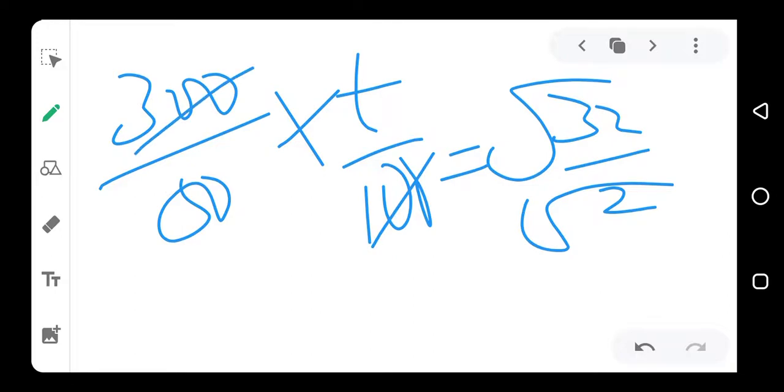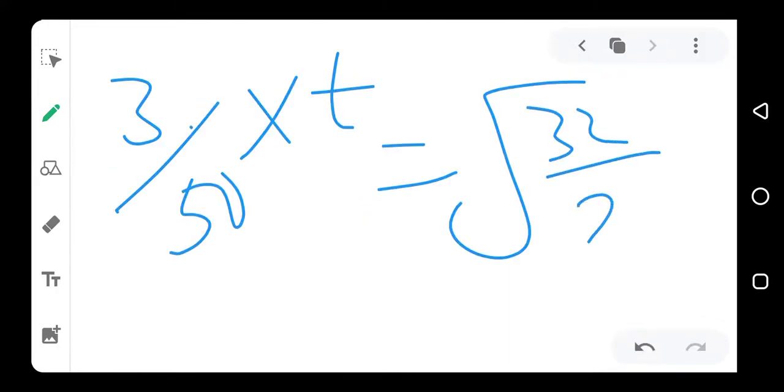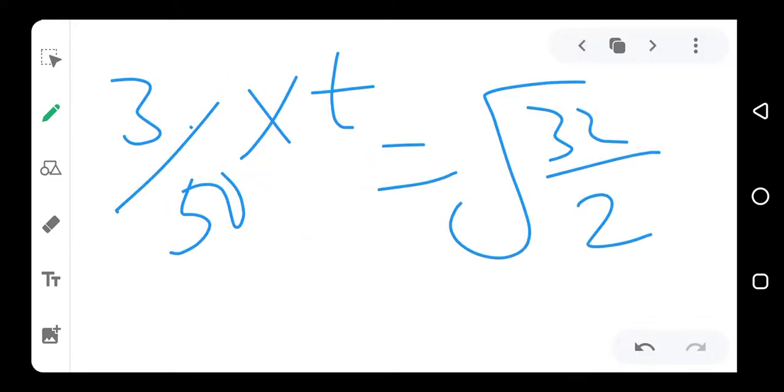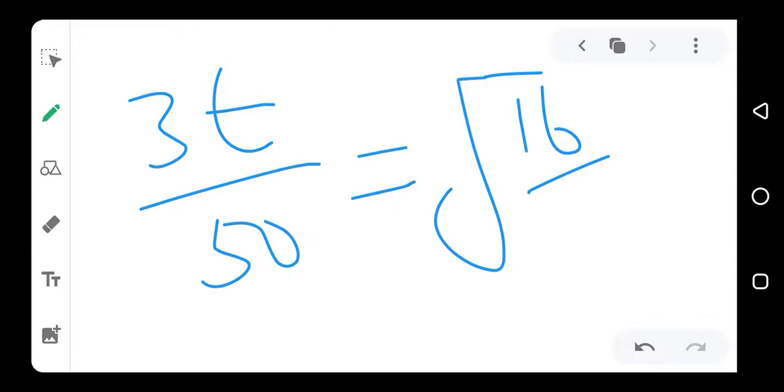So we have 3 over 50 times T is equal to root of 32 over 2, which is root 16 over root 1.